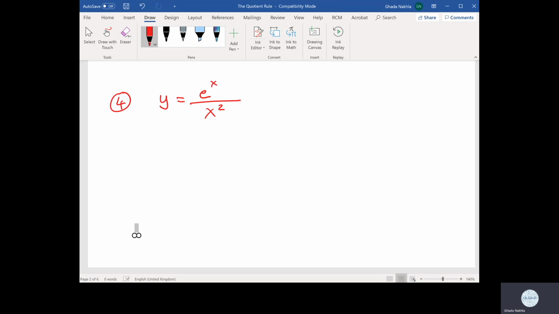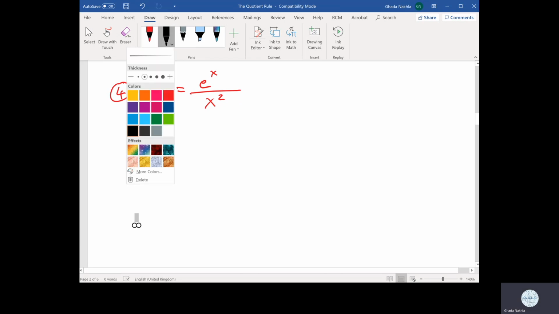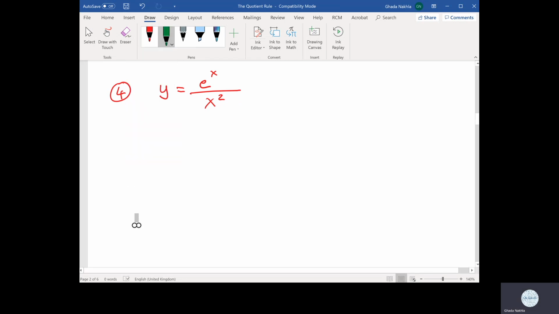But in this case, I have two functions that are divided by each other. And therefore, I am going to be using the quotient rule. So the first step is to identify which is which. u is always the function at the top. v is always the function at the bottom, which is the denominator.